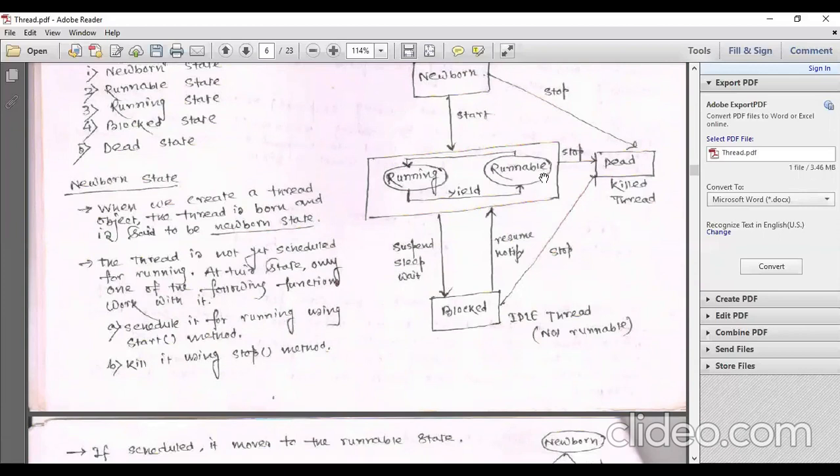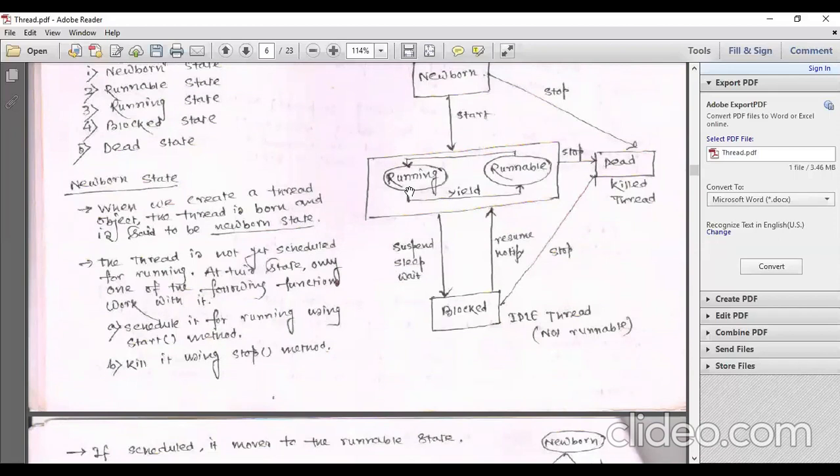And there is a yield method in between these two states that is defined by the Thread class. What does the yield method do? If a thread is in running state, that means the thread is in the processor. Fine.